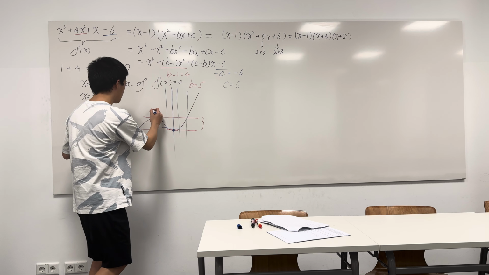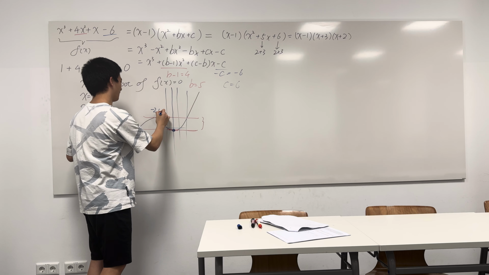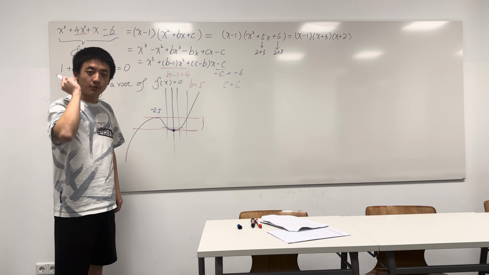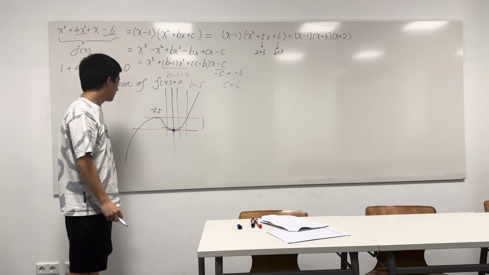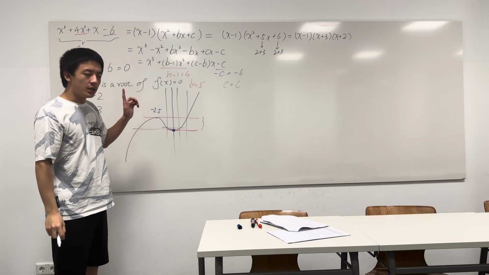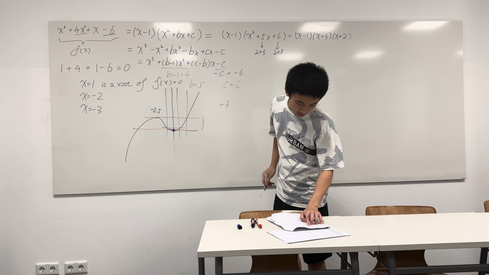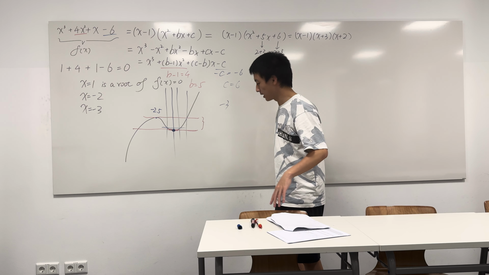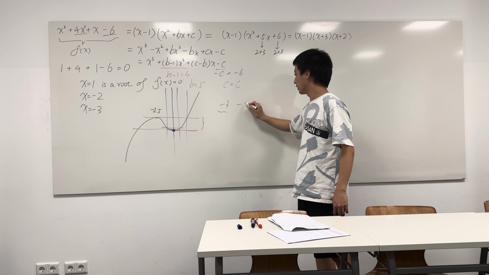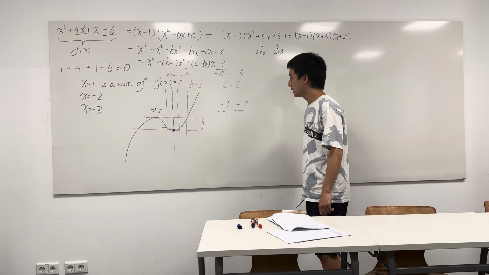This number is something like negative 2.5. We want to find the largest possible value of b. Oh sorry, I'm making a mistake. The largest possible value of b should be negative 3 or negative 2, because b is an integer.